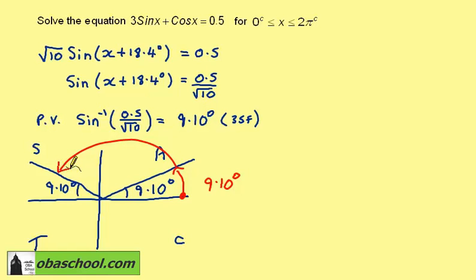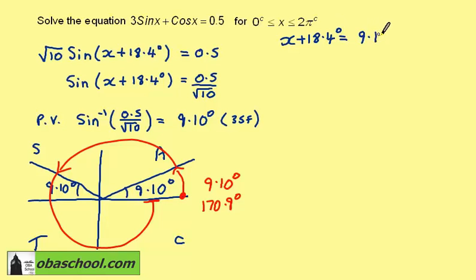The next is 9.10 before we arrive at 180, which is 170.9 degrees. Continuing on, we meet no more solutions. So we have that x plus 18.4 degrees is equal to 9.10 degrees, or 170.9 degrees.